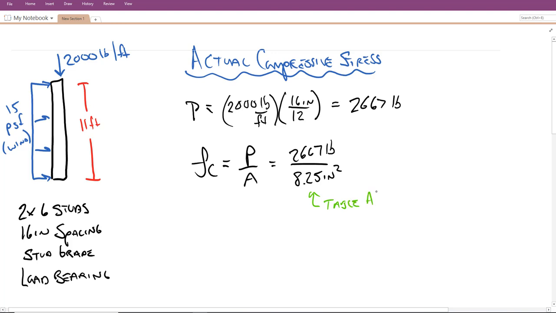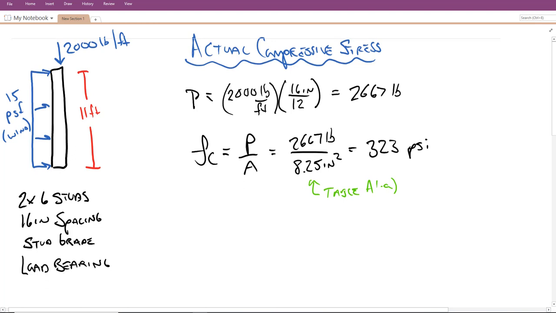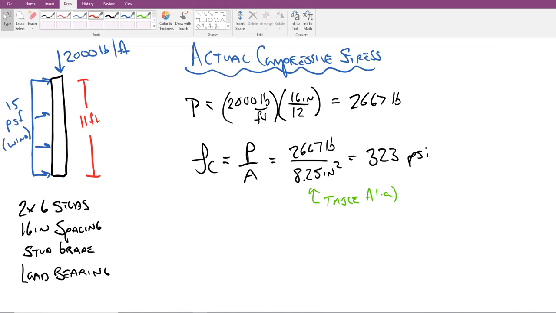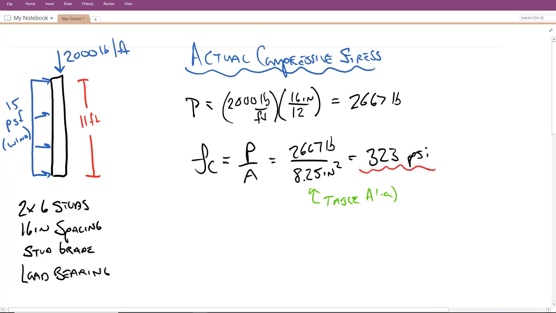So table A1A, and run that math through our calculator, and I find that my actual stress is 323 psi. So there we go. There's another one of our factors that we will need to plug in our interaction equation.